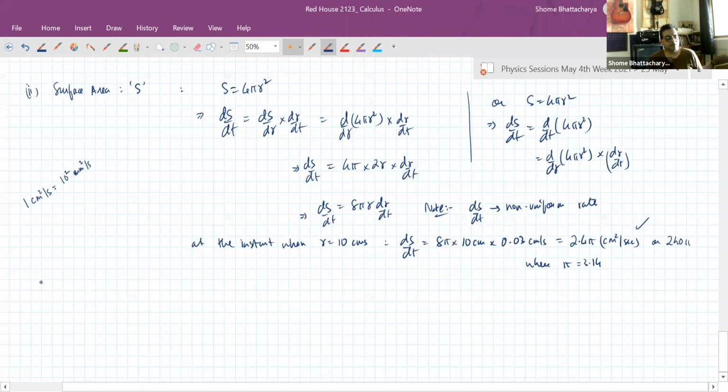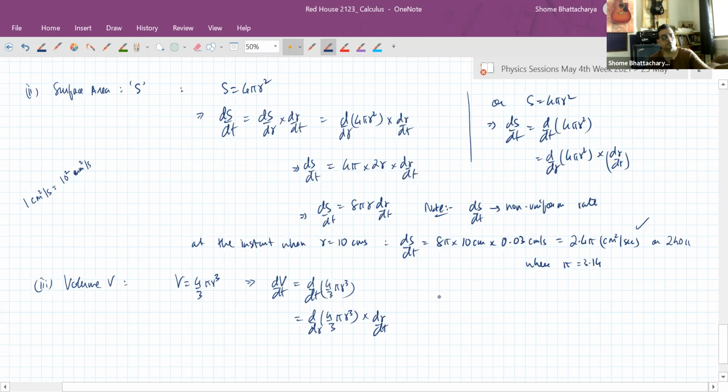Now let's come to the third part: how the volume is changing with respect to time. The formula for volume in terms of radius is 4 by 3 pi r cube. So the rate of change of volume we can write as d by dr into dr by dt.